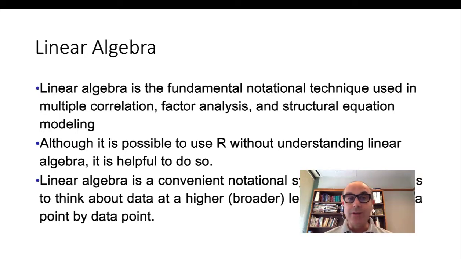We need to start talking about linear algebra, and it is the idea that composes correlation, factor analysis, and structural equation modeling, but it also can be done in R. Understanding linear algebra helps us to understand the issue of math in R. Linear algebra is a notation system that allows us to put data at a higher level than data points.